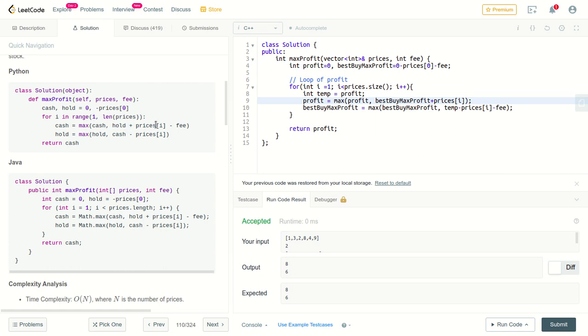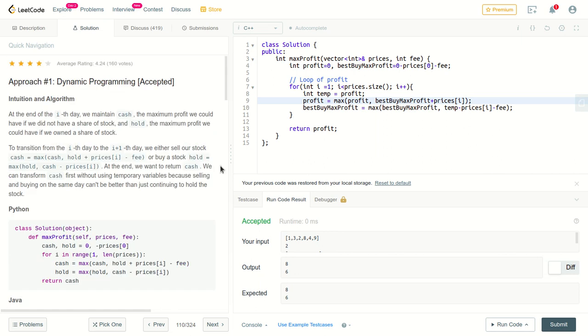Okay, and fees is going to be subtracted anyway, so that's how it is. So obviously I think that is what a very intuitive solution would look like.